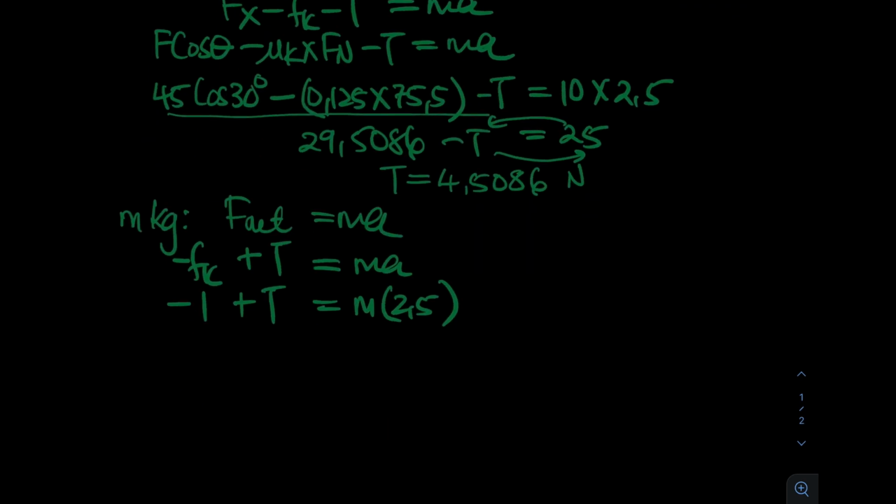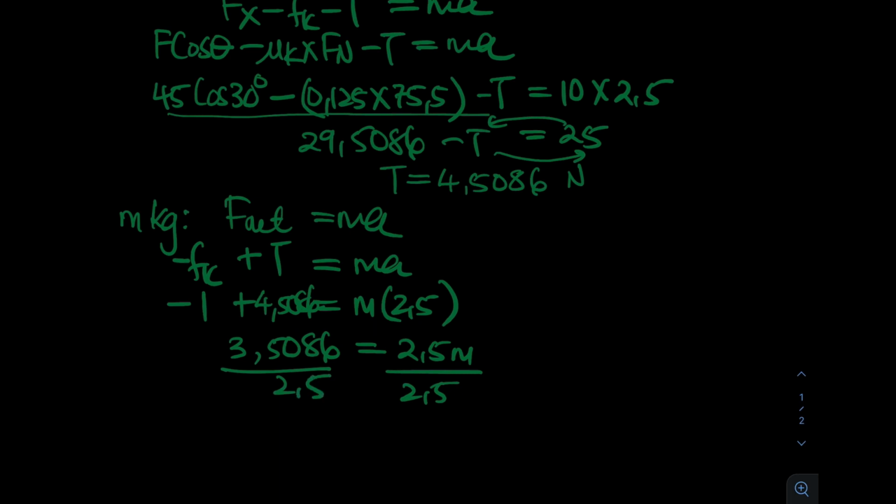And remember, guys, we can substitute the tension here. We have the tension, 4.5086. So it's going to be 3.5086 equal to 2.5 m, and then we divide by 2.5.